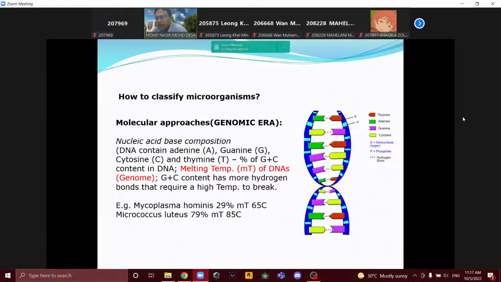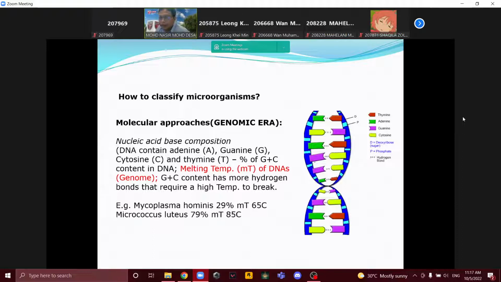Sometimes there is a good correlation. Previously, scientists accumulated data based on phenotypic formations. Now we are able to see deep into the cells, and we always compare whether they are consistent or not. To a certain extent, there are some consistencies. For example, we know that gram-positive bacteria have thicker cell walls.